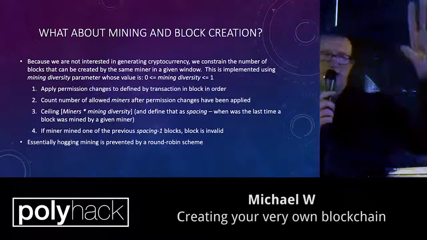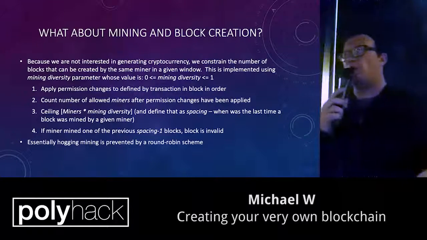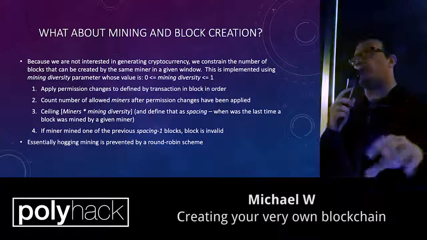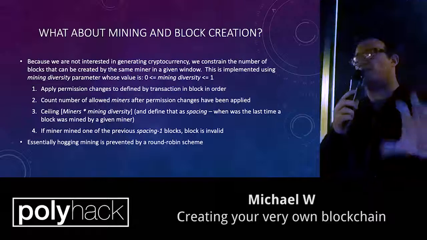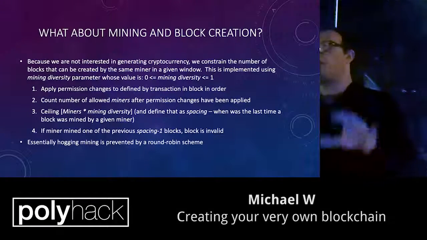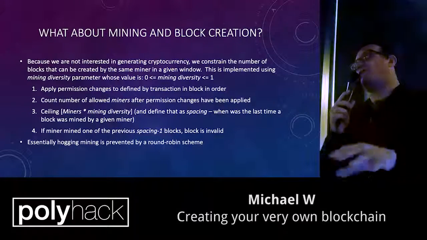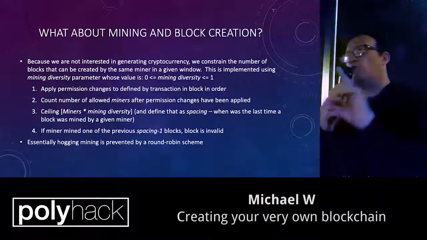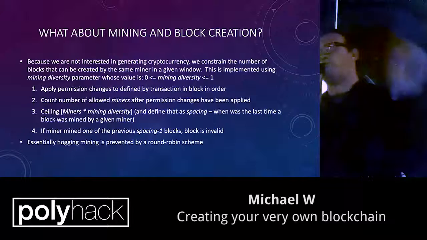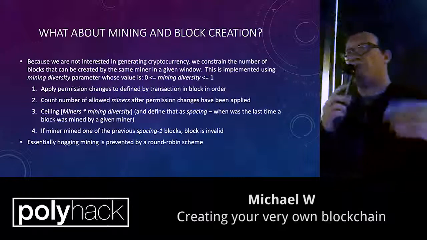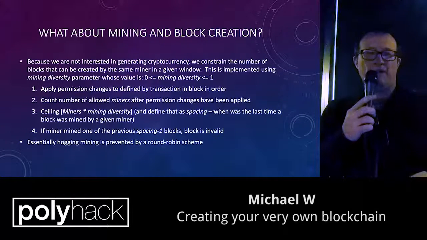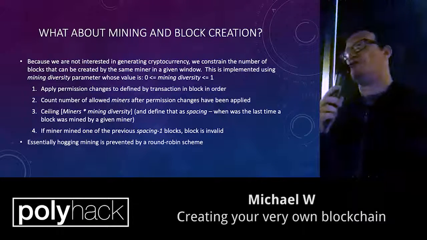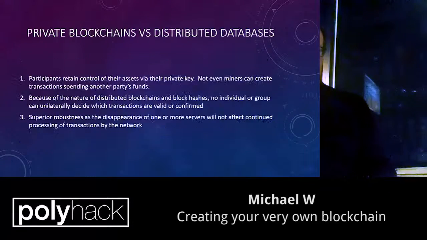So, this presentation is going to be available, but without going into too much detail, there is something which Multichain keeps in mind, called mining diversity, which guarantees that not one single block will hog the whole process of creating, of mining. And basically, it's all dependent on a round-robin scheme. That's essentially what happens. We're going to go to the next one.